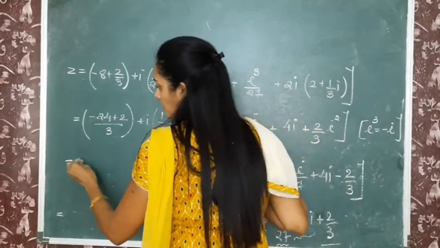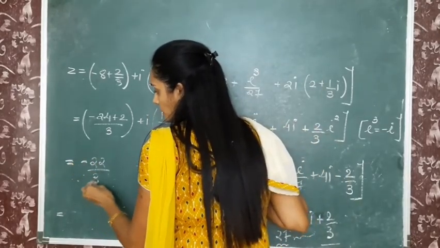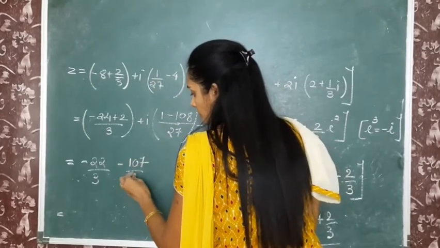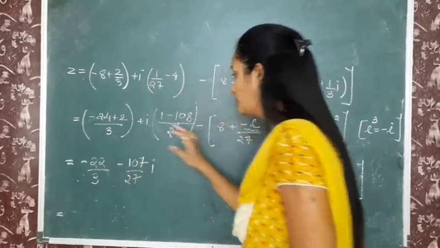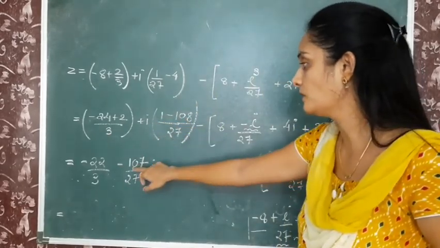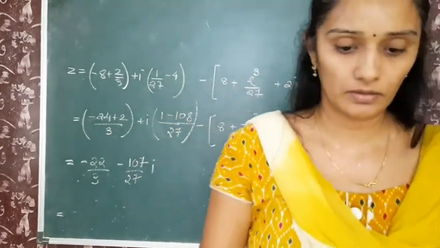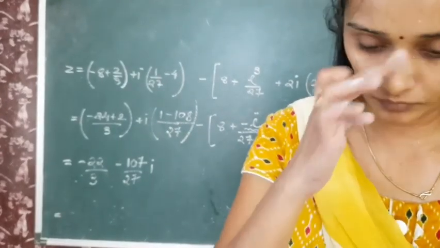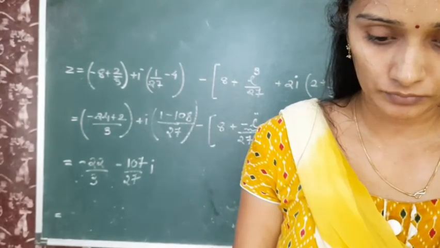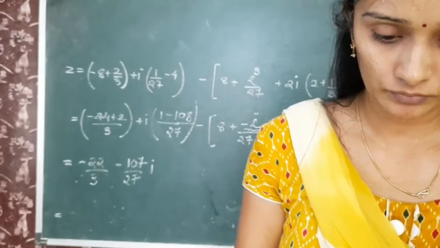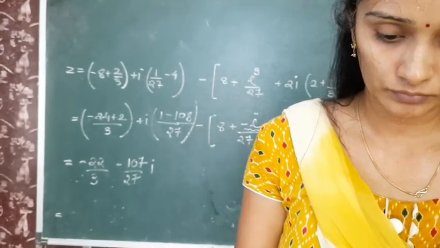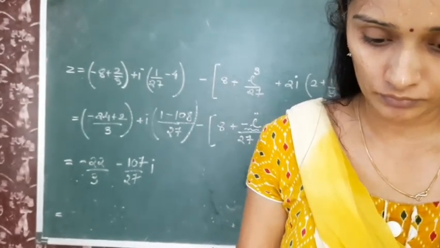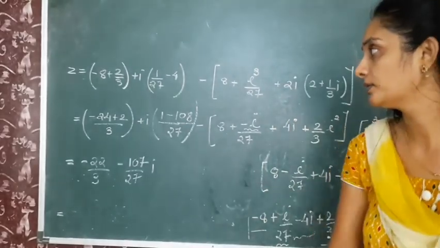So the answer is minus 22 by 3 minus 107 upon 27 i, since 1 minus 108 is minus 107.